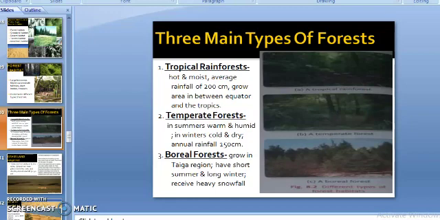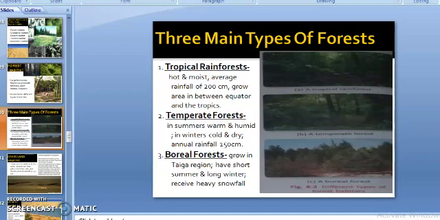They grow in the area between the equator and the tropics. Rainforests are very rich in both plant and animal varieties. You will see a variety of animals and plants in this type of forest, which is called tropical rainforest.